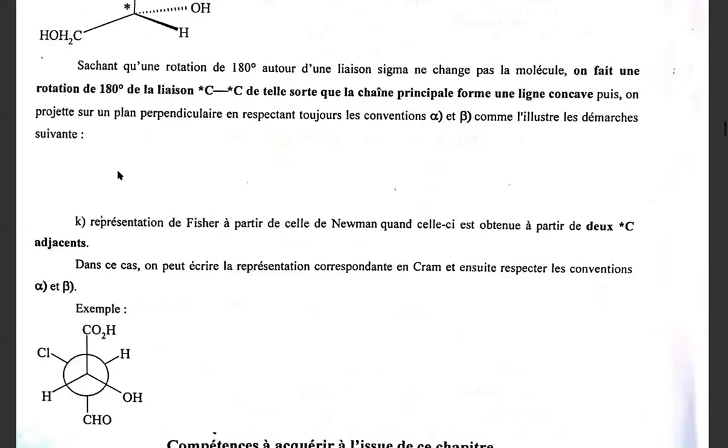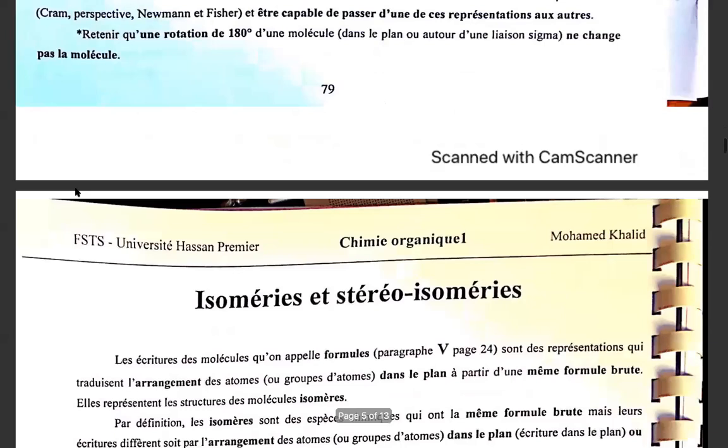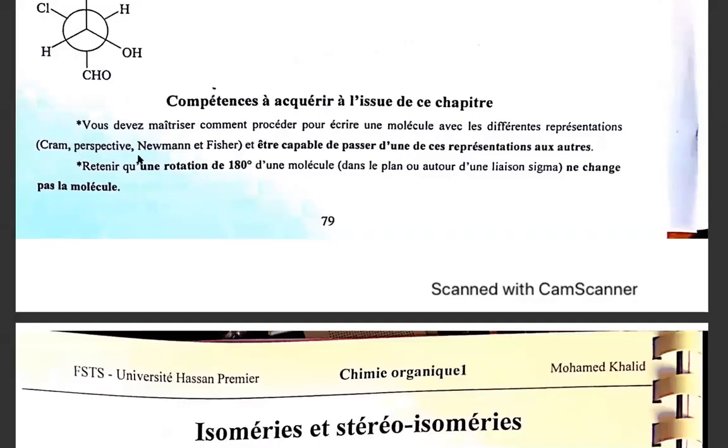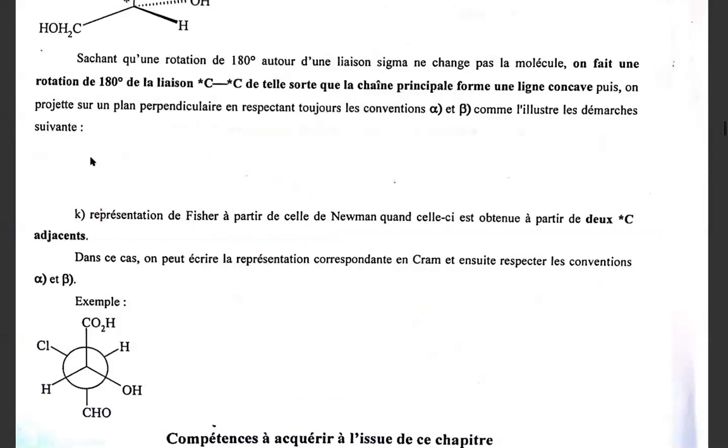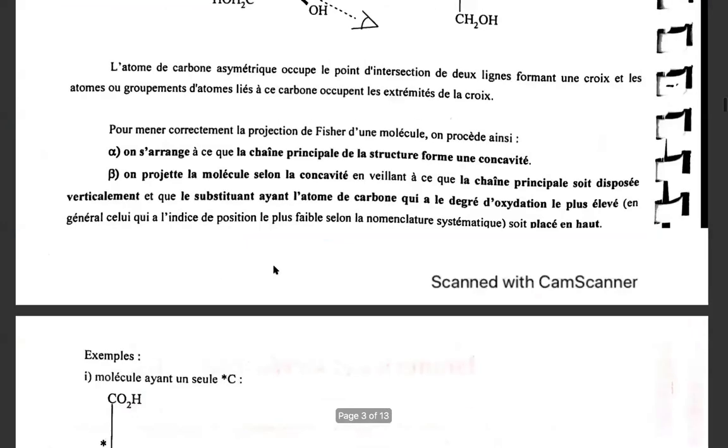So this is an example of Newman's projection. The next TD we're going to have will be moving from Cram to Newman and Fischer. Cram, Newman, Fischer. Perspective is this type of representation, just like semi-developed plane.